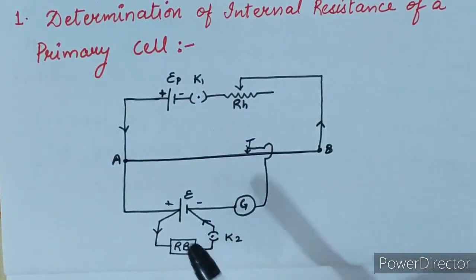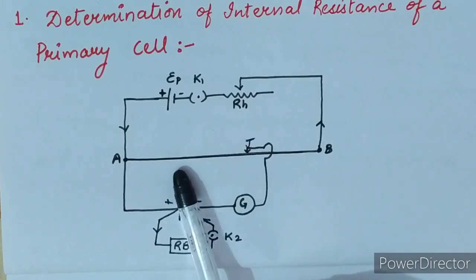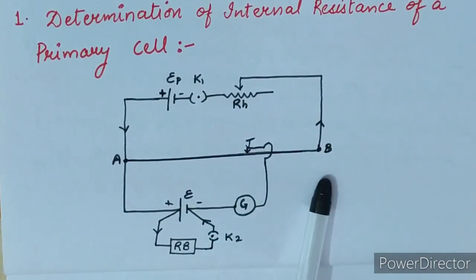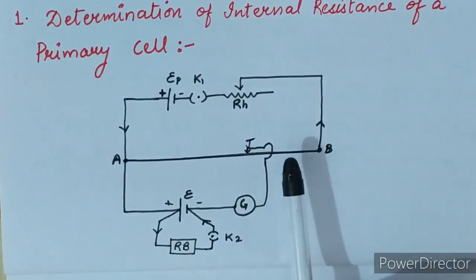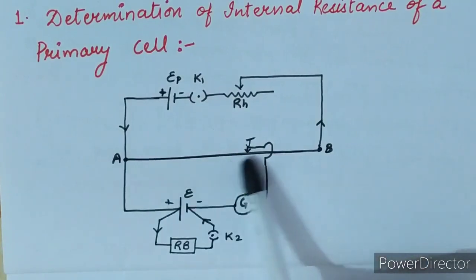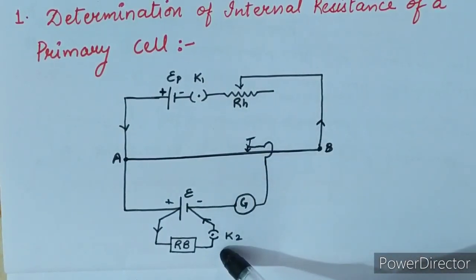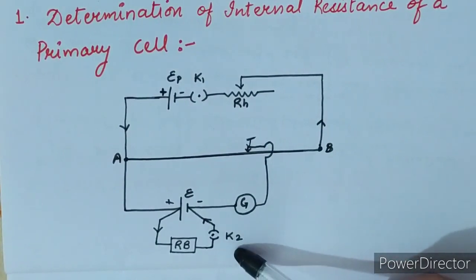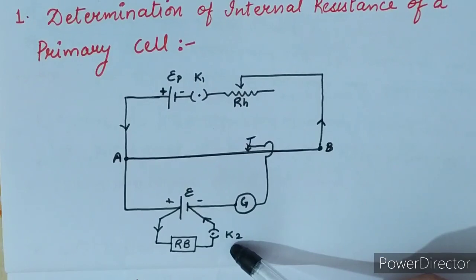Now the balance point has to be obtained by sliding the jockey on the 10 meter long wire AB. We first make a closed circuit with the primary only, and the secondary circuit remains open by switching off key K2, keeping it in an open loop.